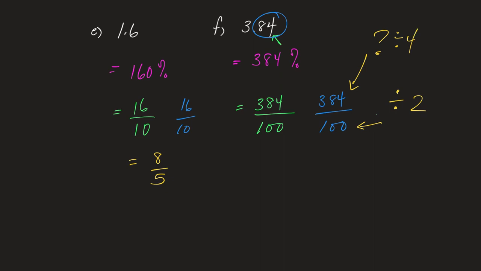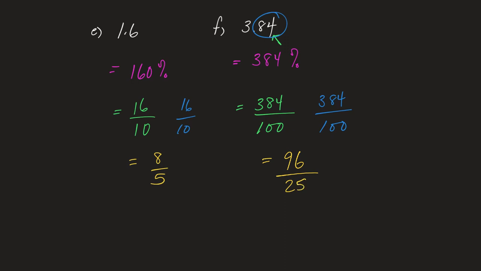Try to reduce as fast as you can. And maybe we notice, hey, wait a second, 4 goes into both the top and the bottom. So if I took 38 and I divided it by 4, I get 9 with 2 left over. 24 divided by 4 is 6. On the bottom divided by 4 is 25.